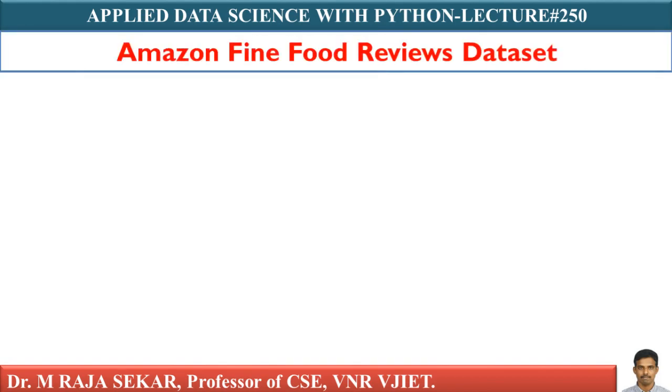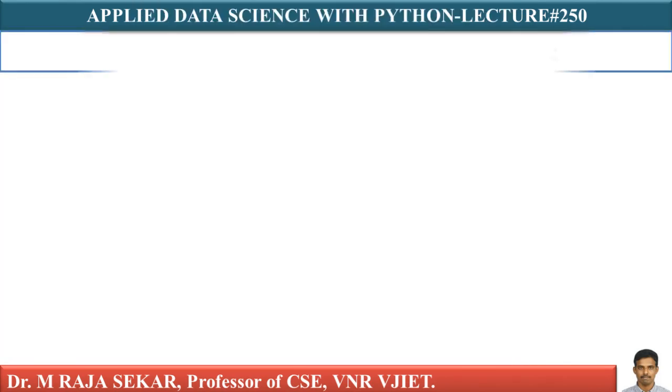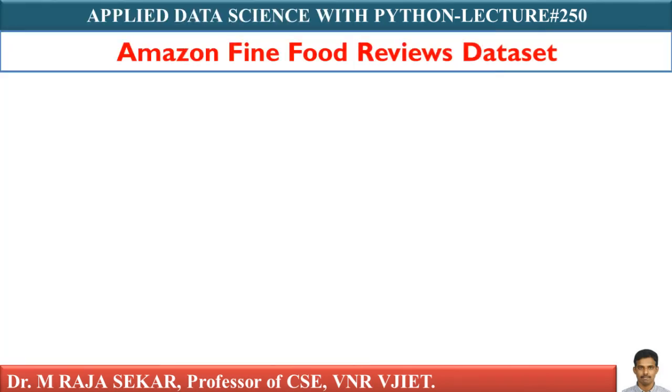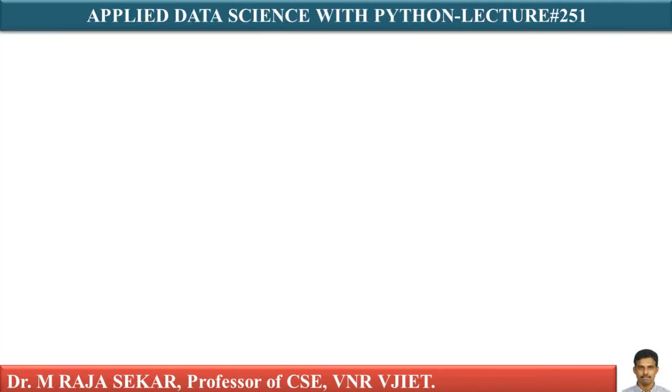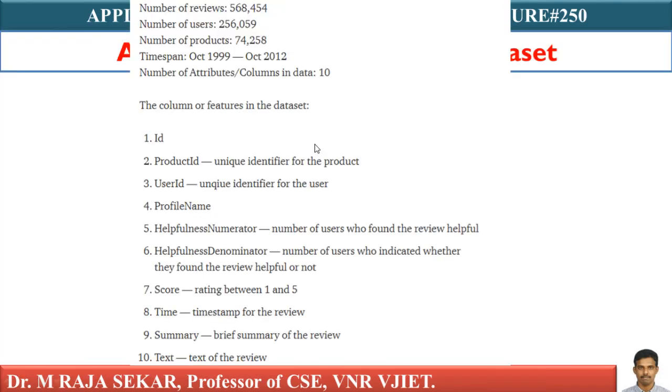Now, in this lecture, we will try to understand this dataset in more detail. If you observe carefully, these are the fields which we have seen in our dataset. Given a dataset like this, how many reviews do we have?